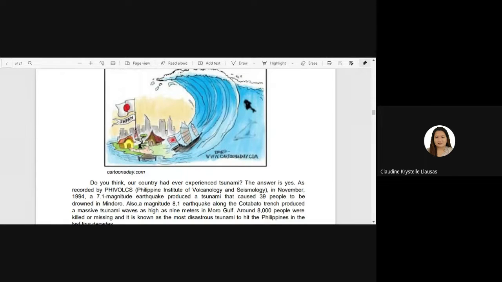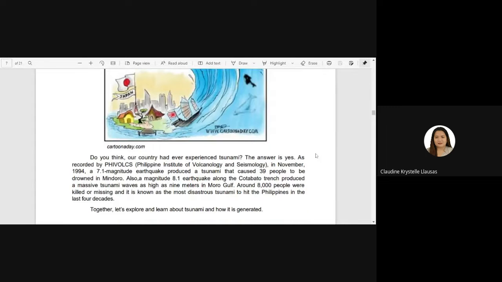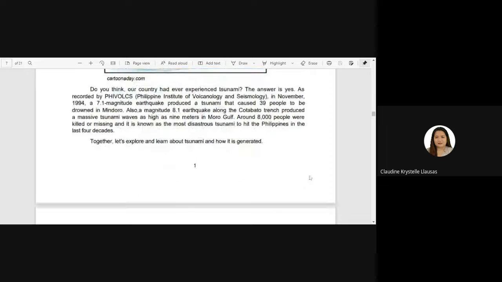Aside from that, also a magnitude 8.1 earthquake along the Cotabato Trench produced massive tsunami waves as high as 9 meters in Moro Gulf. Around 8,000 people were killed or missing, and it is known as the most disastrous tsunami to hit the Philippines in the last 4 decades.